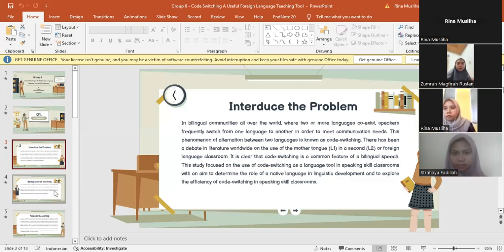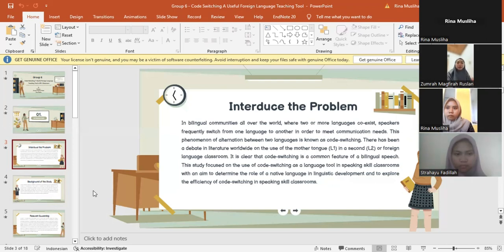It is clear that code switching is a common feature of bilingual speech, and it refers to the use of two languages in a discourse, conversation, or utterance. The study focused on the use of code switching as a language tool in the speaking skill classroom, with an aim to determine the role of the native language in linguistic development.